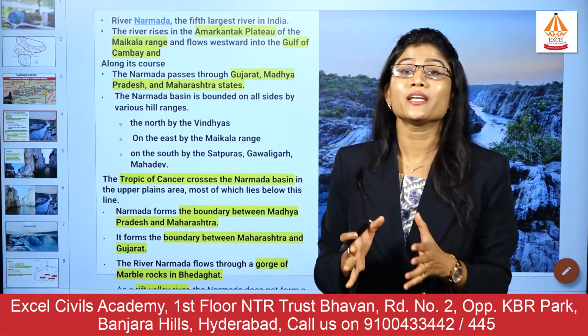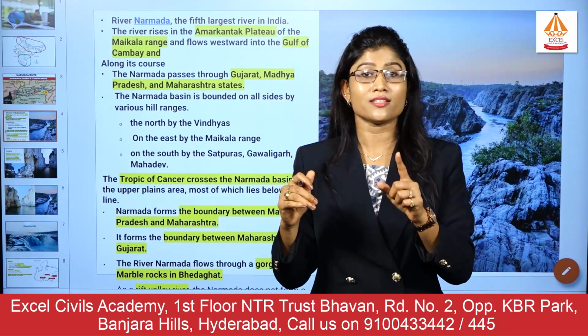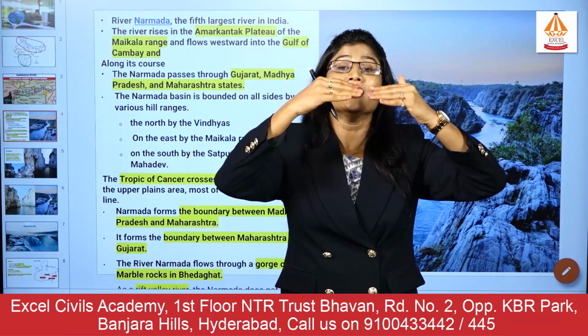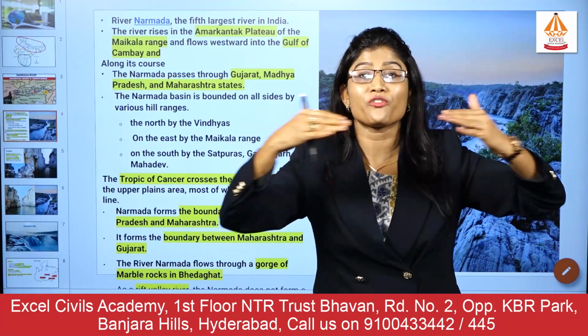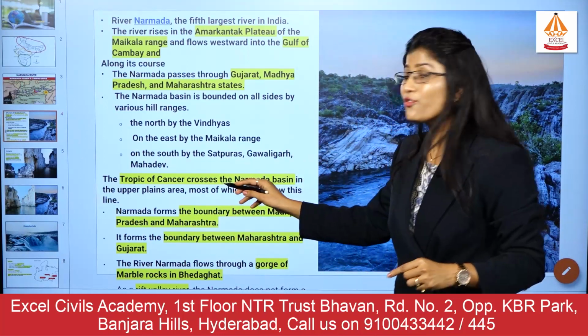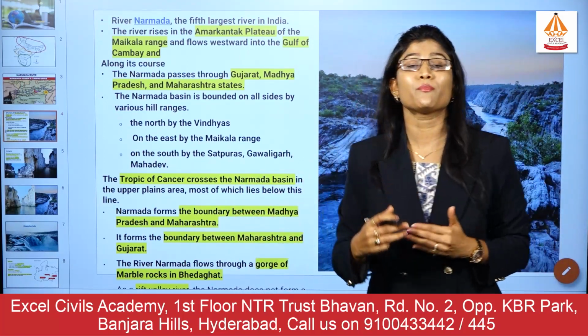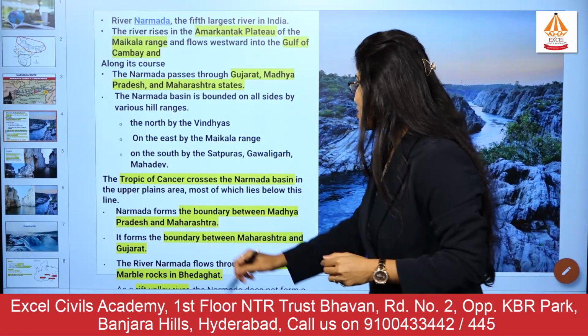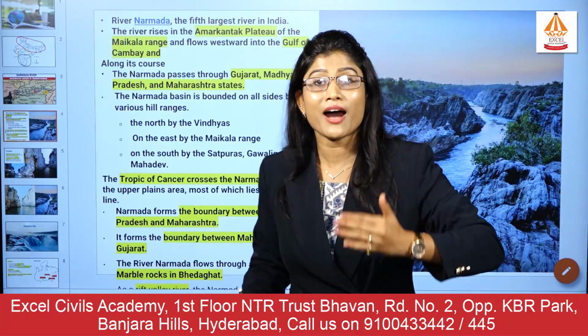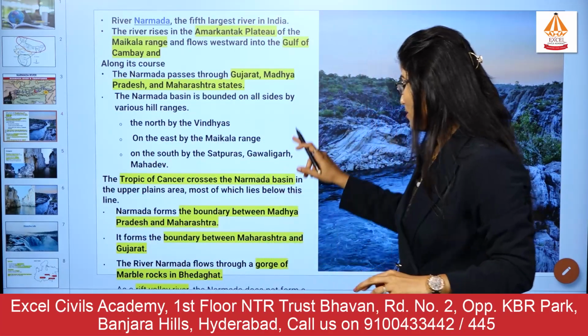Again, remember for the preliminary examination that the river Narmada crosses the Tropic of Cancer once during its upper course. Remember this fact for the preliminary examination. It also creates a natural river boundary between the states of Madhya Pradesh and Maharashtra as well as Maharashtra and Gujarat.